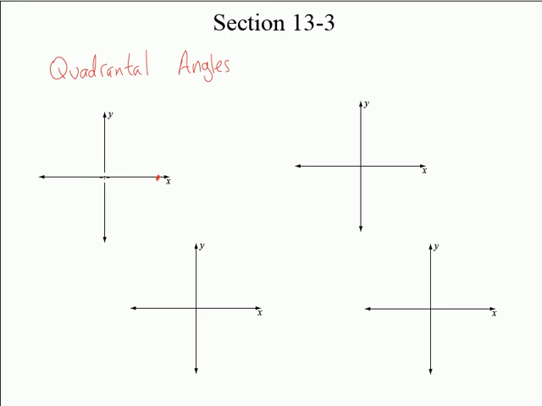Let me make it a little thicker just so it stands out a little bit. So if I go from here to here, can you see that? Yeah, you can see that. So right there, that's 0 degrees, isn't it? That's one of our quadrantal angles. Okay, it's really not that big of a deal. Now, what would that be in radians? 0 radians. That's easy. Okay.